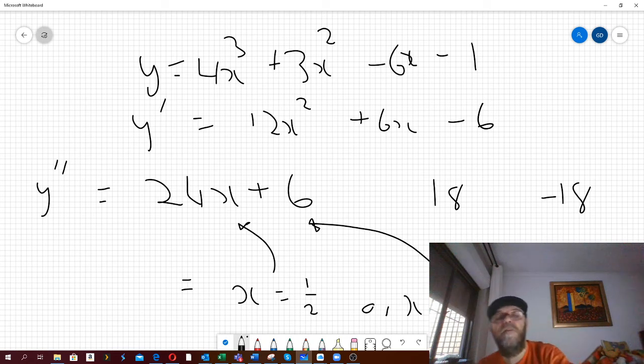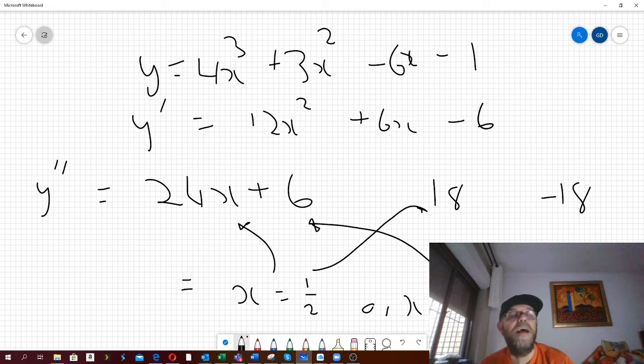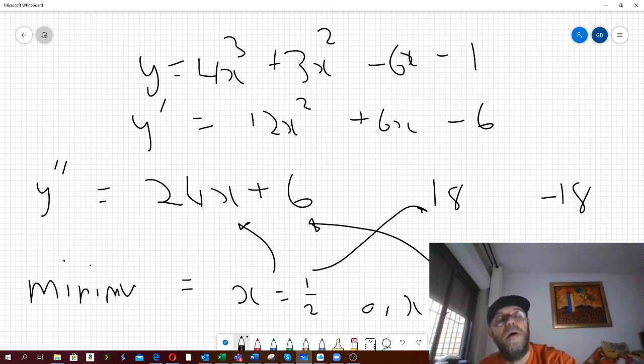Okay? Now, for x is equal to a half, we got a positive value of 18. That means that the place at x is equal to a half is a minimum. And if I get a negative value, it means that at minus 1 we have a maximum.